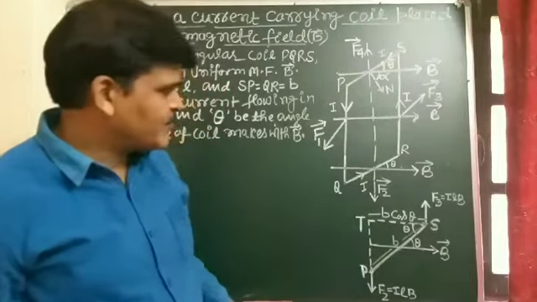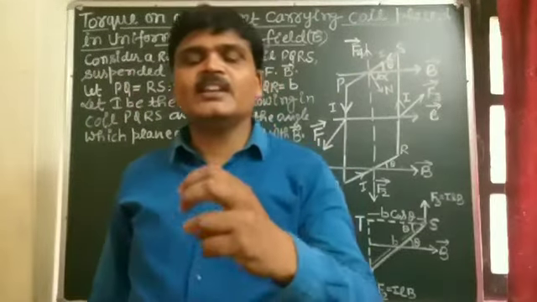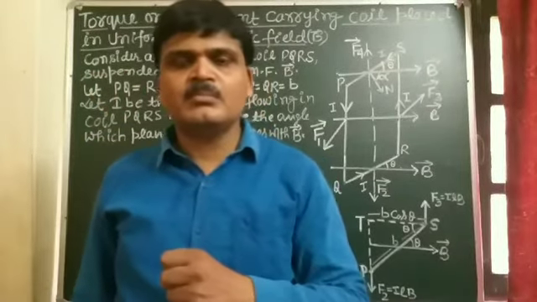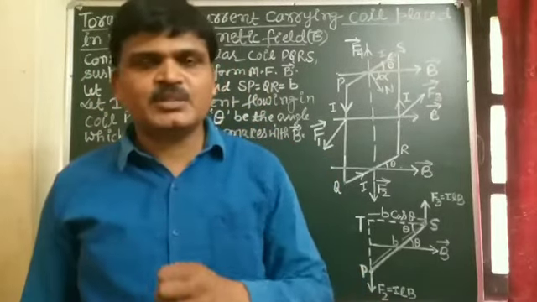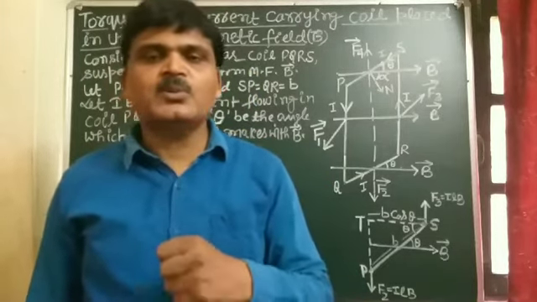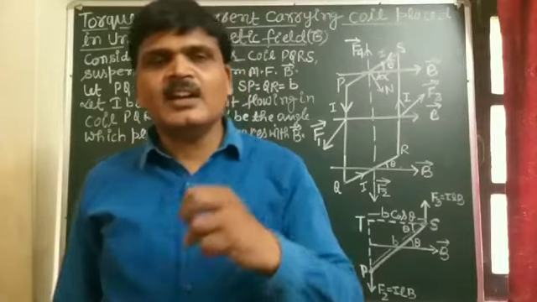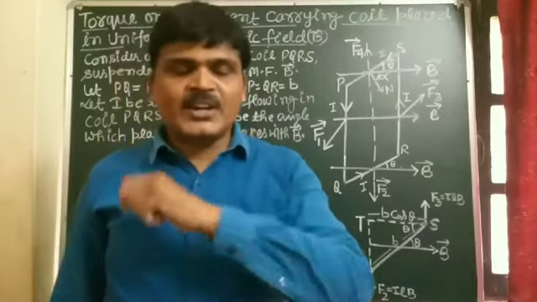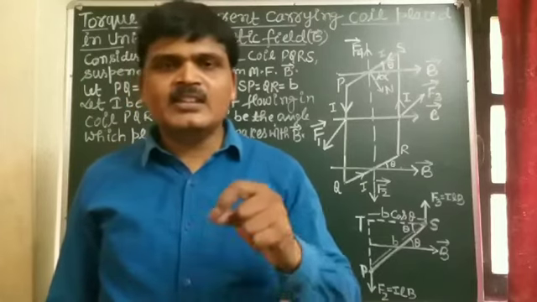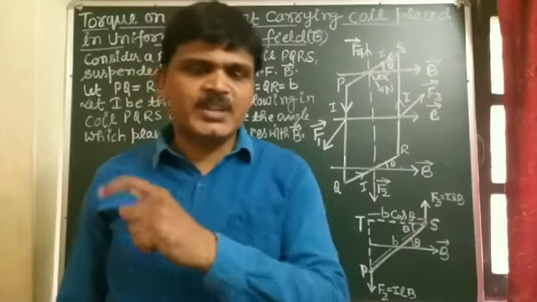And student, you know that when any current carrying conductor is placed in a uniform magnetic field, it experiences a force, and the magnitude of force F equals ILB sin theta, and in vector form it is written as vector F equals IL vector cross B vector.